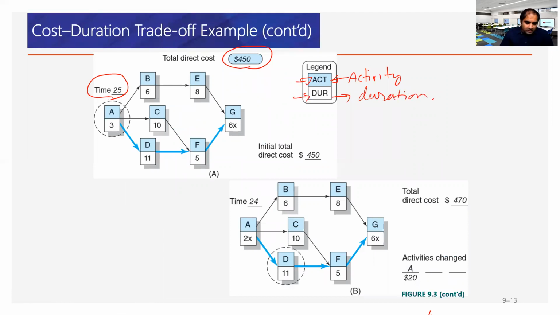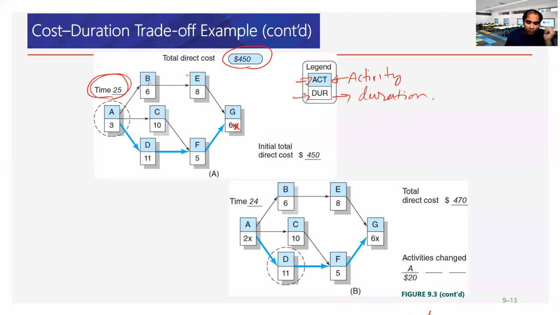All right. Now, the total time duration says 25. We have all the activities. With any activity, if you have the number X, this is the lowest possible time already, so we cannot crash that.